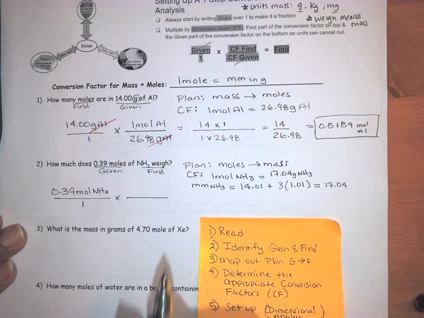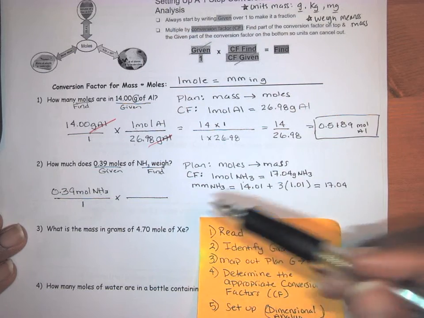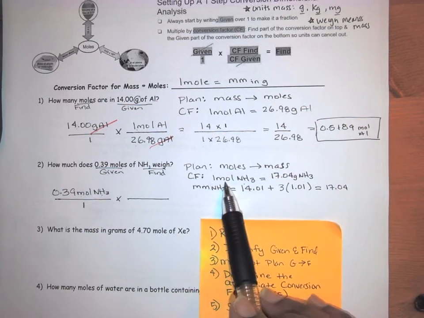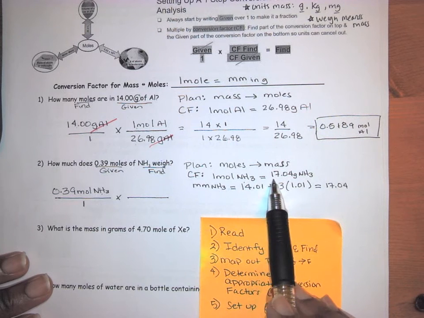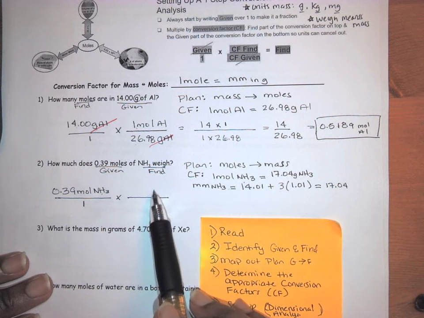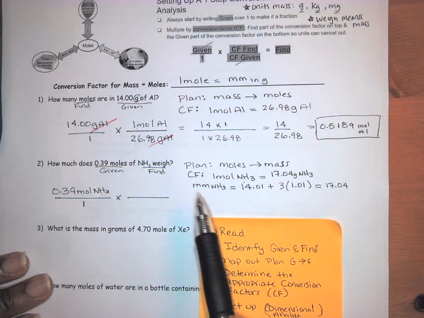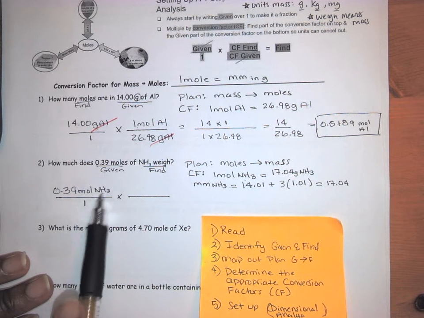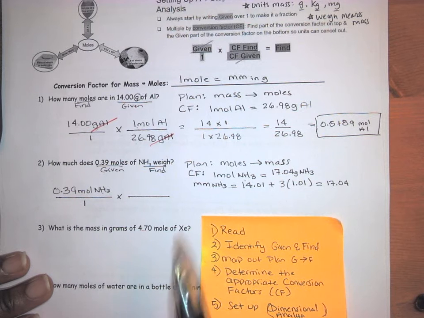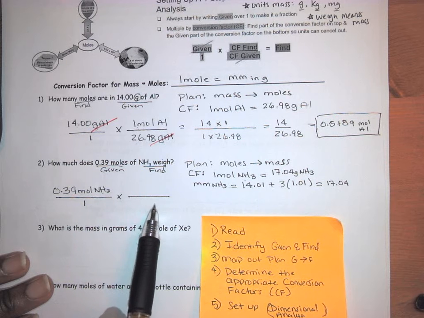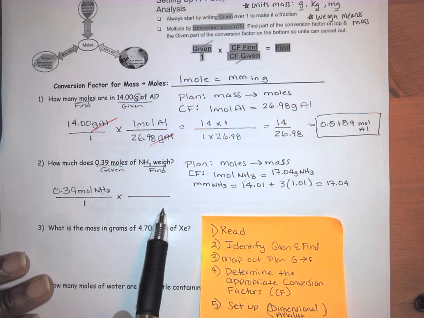Okay, now the next step is to put our conversion factor here. There are 2 parts to our conversion factor, 1 mole of NH3 and 17.04 grams of NH3. I need to figure out what goes on top and bottom based on the units I want to cancel out and the units I want to keep. In this case, I'm starting with moles of NH3, but in the end, I don't want moles of NH3, so I want to cancel that out. In order to cancel out moles of NH3, the moles of NH3 must be in the opposite position.